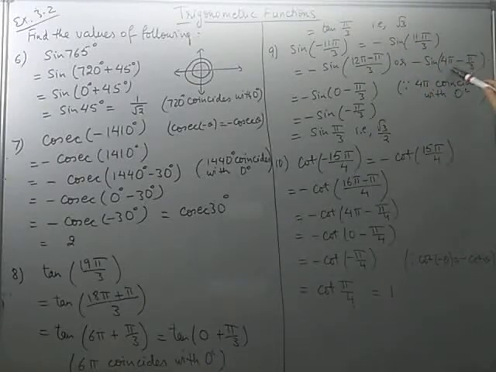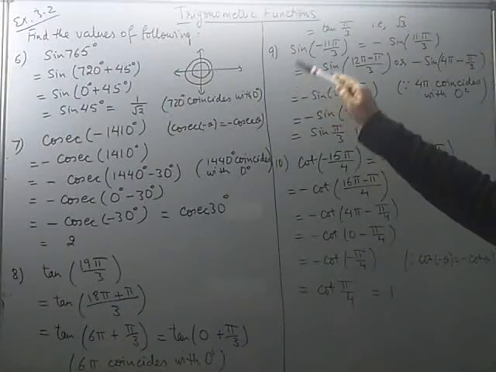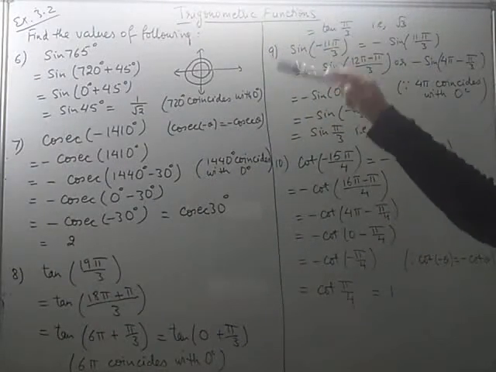So now you need to check which angle 4 pi will coincide with. Okay. See, when we complete one revolution, it is 2 pi. The second time when you complete the revolution, it will become 4 pi. So 4 pi is going to coincide with 0 radians. All the even multiples of pi will coincide with 0. See, after one revolution, 2 pi, then 4 pi, then 6 pi, then 8 pi.